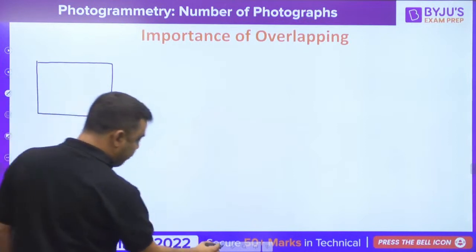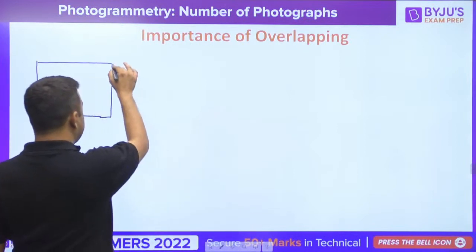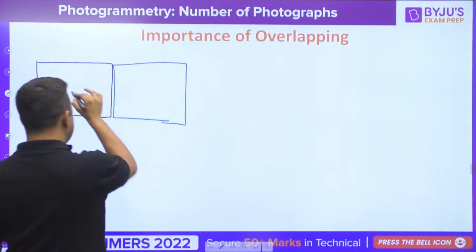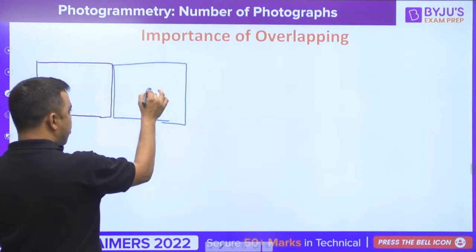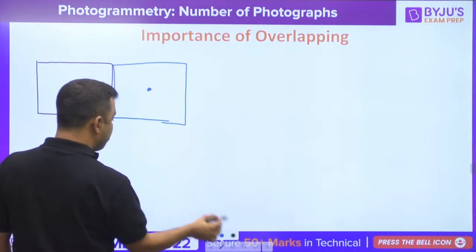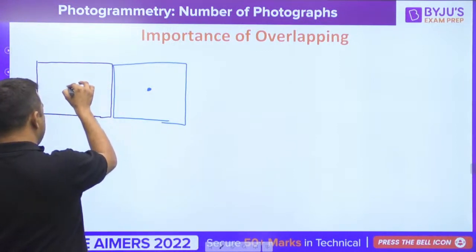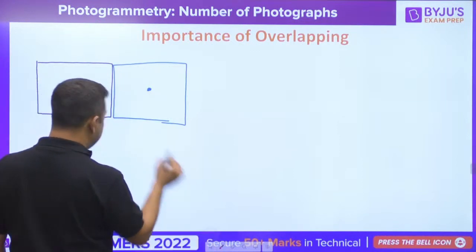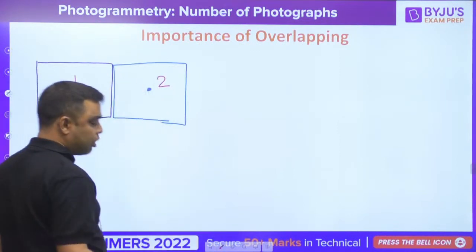And if I take the second photograph like this, neck to neck, right? And this is the point of the first photograph, and this is my point of the second photograph, right? First photograph and second photograph.